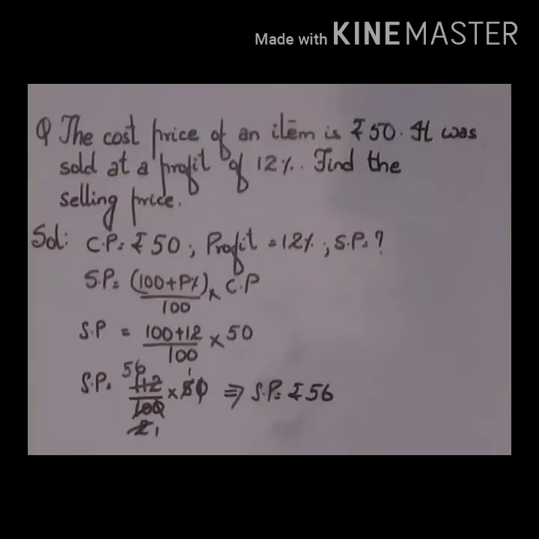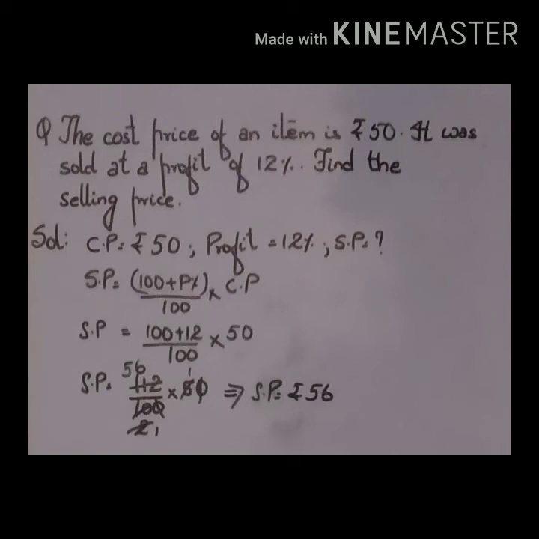Our next question is the cost price of an item is rupees 50. It was sold at a profit of 12%. Find the selling price. In this case, cost price is given to us equal to rupees 50 and profit is also given to us equal to 12%. We have to find the selling price.